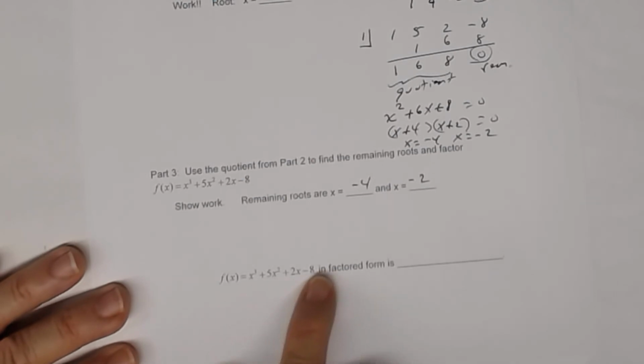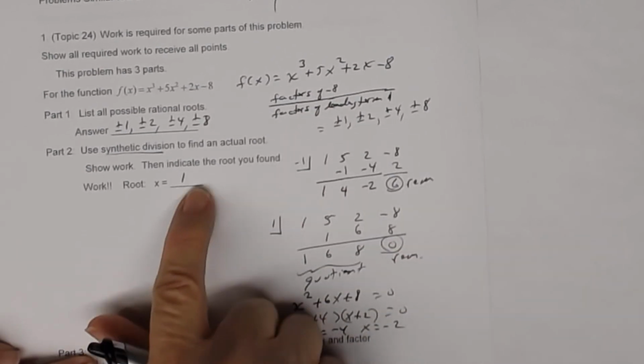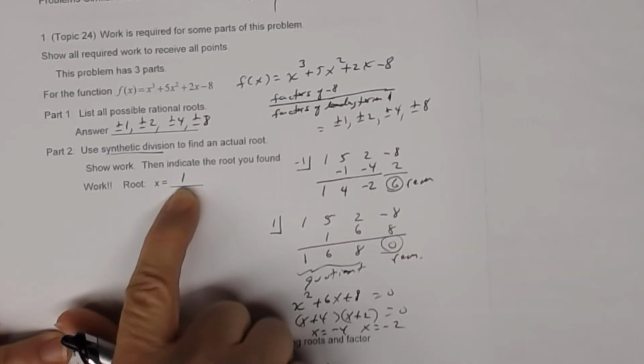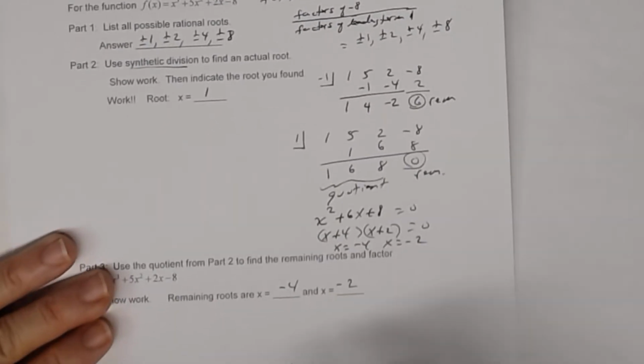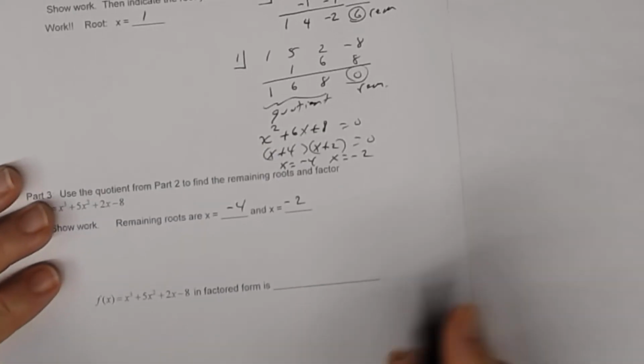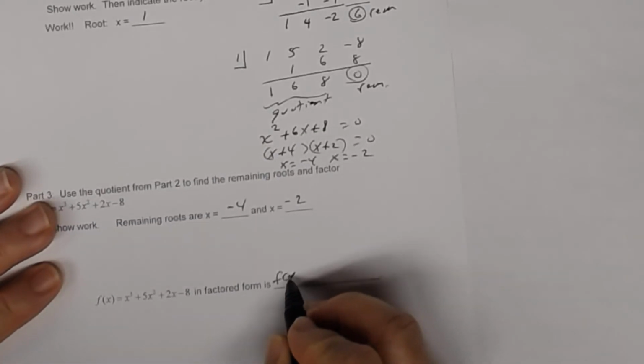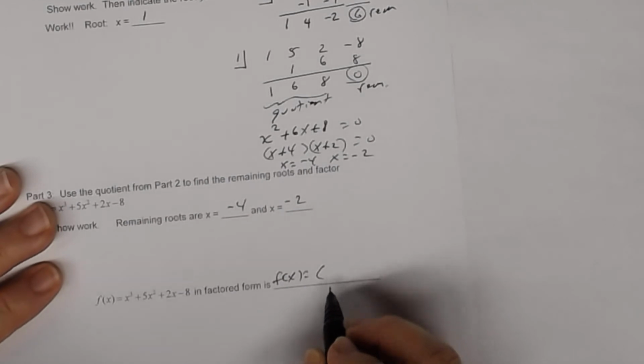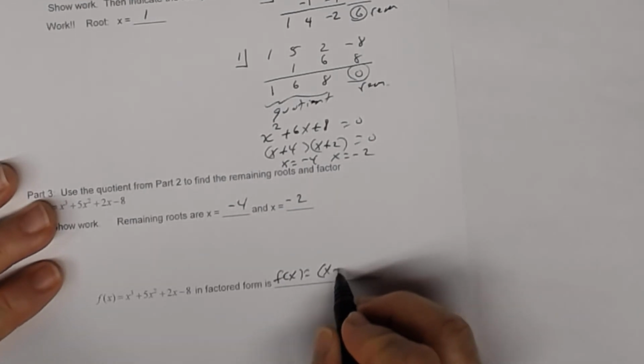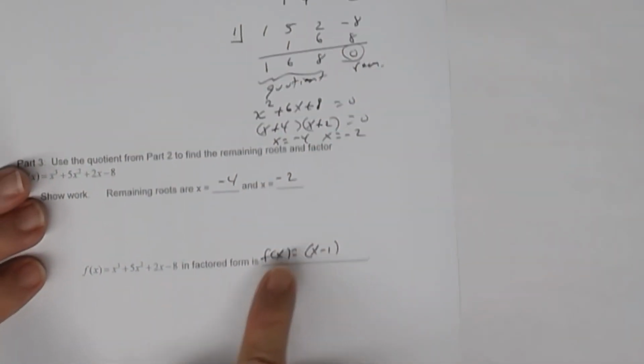So I want you to factor this function. Well, if 1 is a root, that means f of x is going to equal, so one of your factors will be x minus 1, right? That makes sense because when I set that equal to 0, I get x to be 1.